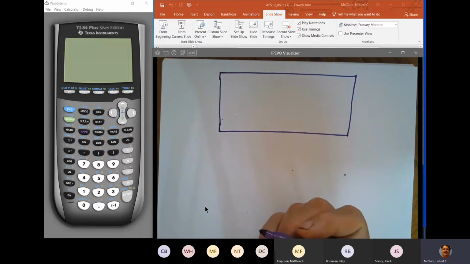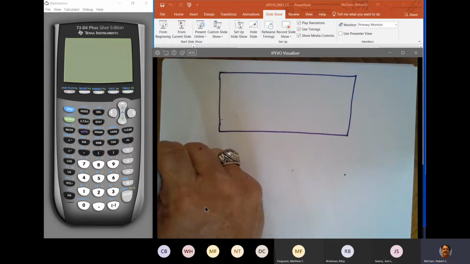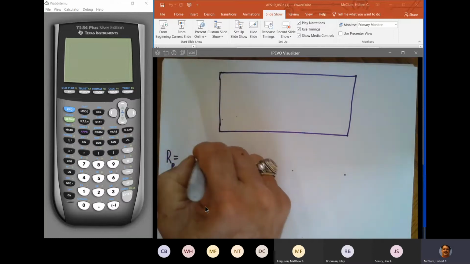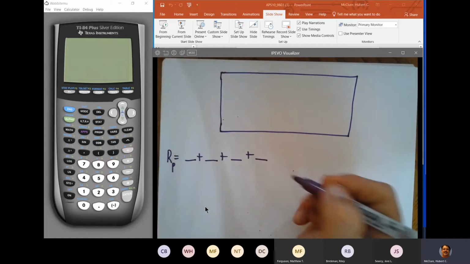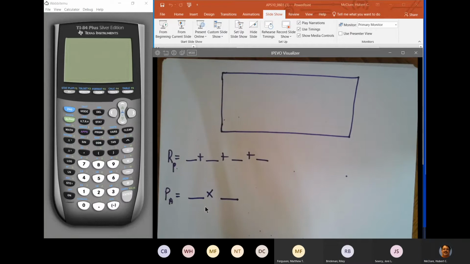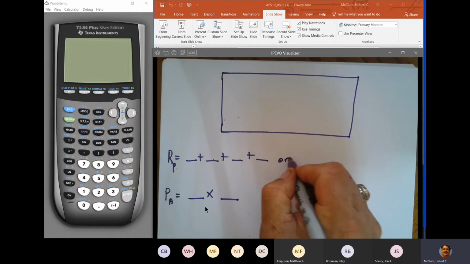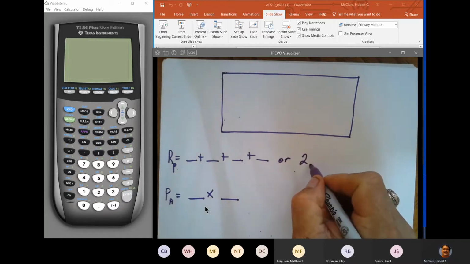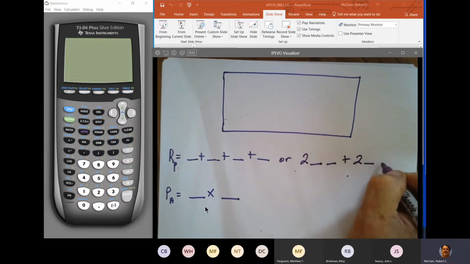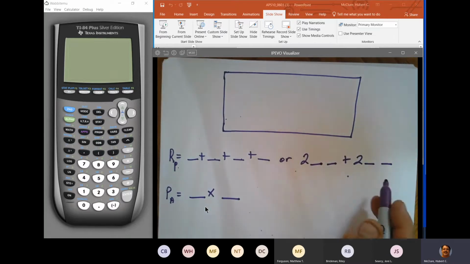All right, he's building a rectangular sandbox. Now, what do we know about a rectangle? If you add up all the sides, you have the perimeter: side plus side plus side plus side. Rectangle area is equal to length times width. And the perimeter is equal to side plus side plus side plus side, or 2 sides plus the other 2 sides. So 2L plus 2W.